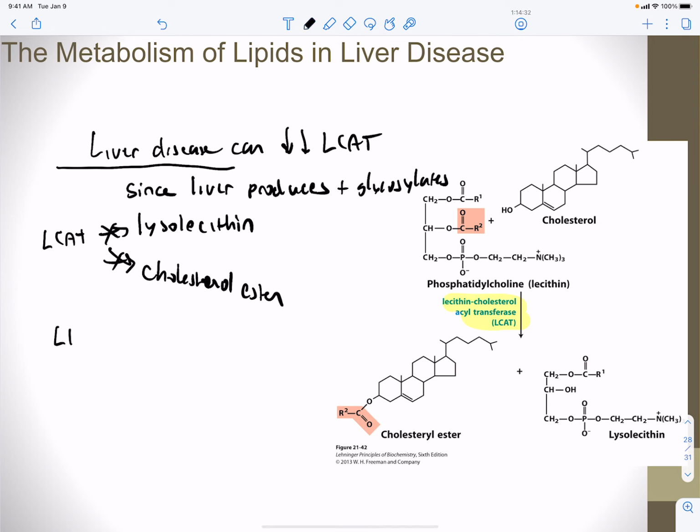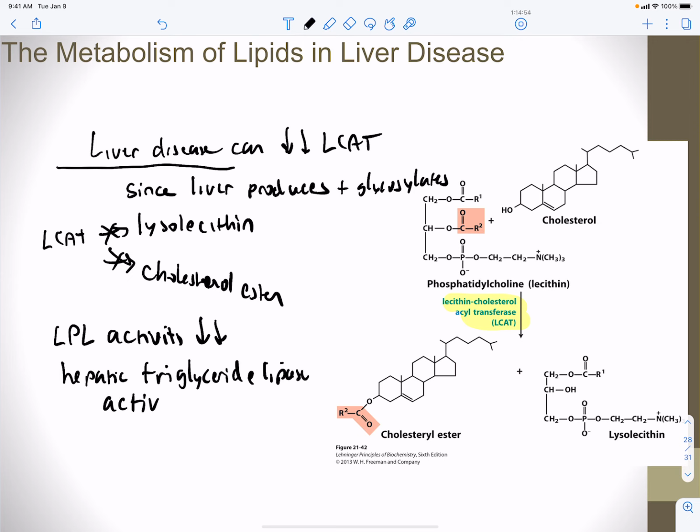So lipoprotein lipase activity is decreased, as well as our hepatic triglyceride lipase activity. So that'll also be decreased. And so in people with liver disease or parenchymal liver disease, you're going to have high levels of triglycerides in the plasma.